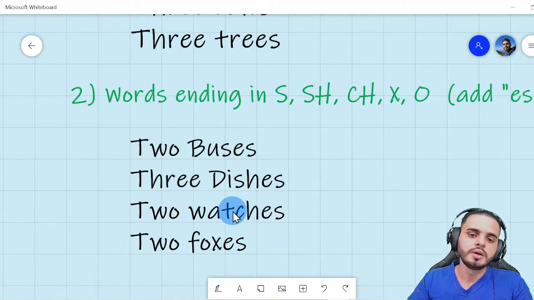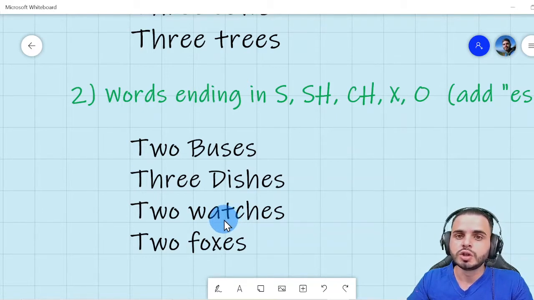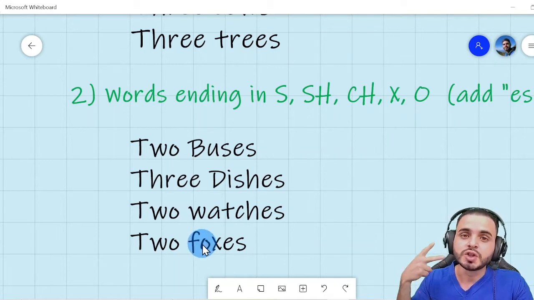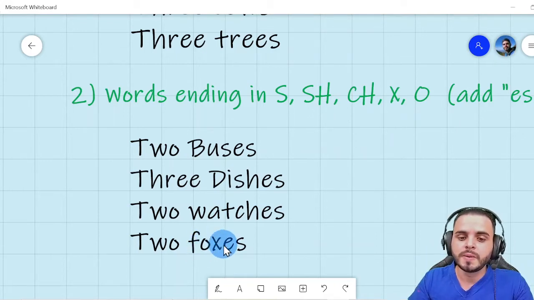Instead of one watch, you have two. Then you say, I have two watches. And maybe you see one fox, but then you see another one, so you see two foxes. Then the way to create that is by adding an ES, just as the rule says.